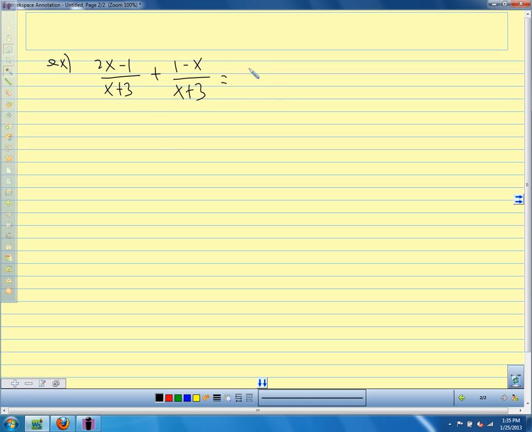So I have 2x, my like terms, 2x minus x is just x, and a negative 1 plus 1 is just 0. And I have x plus 3 in the denominator. So that simplifies to x over x plus 3. And yeah, we're saying x cannot equal negative 3 because that is undefined.